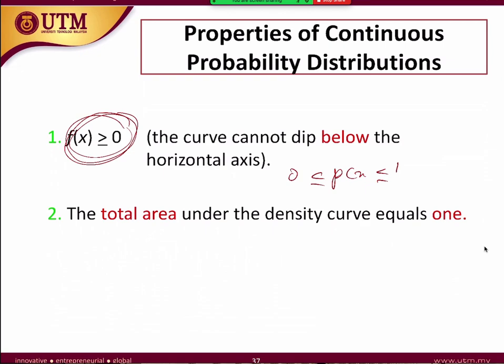We cannot really specify whether we can have 1 in fx, but the total area of the density curve, let me redraw this since it's not a nice graph, all the values here must equal 1. You need to remember that concept.